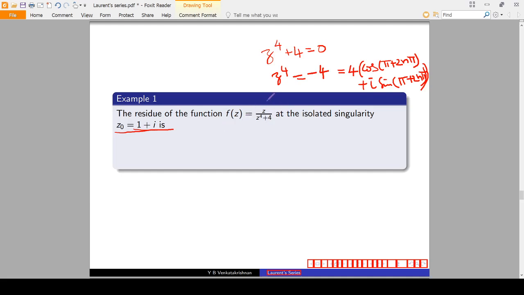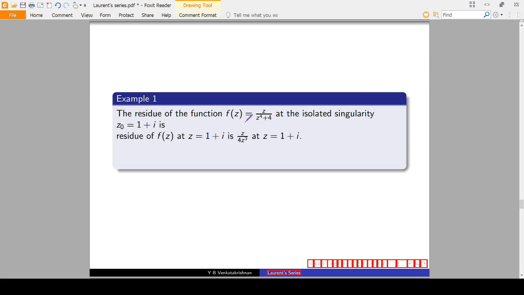Now you can see that this is a rational function and it will have 4 singularities, but I am calculating the residue at the singularity z is equal to 1 plus i. So I retain this z in the numerator and differentiate z power 4 plus 4. That will give you 4z cube, and I substitute the point z is equal to 1 plus i.